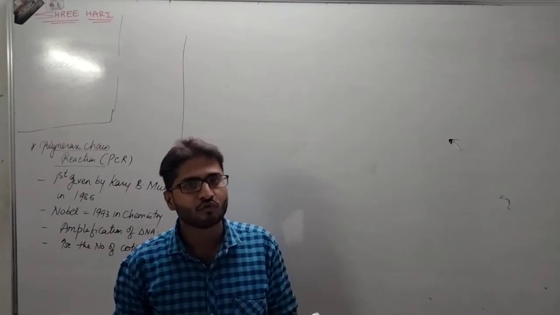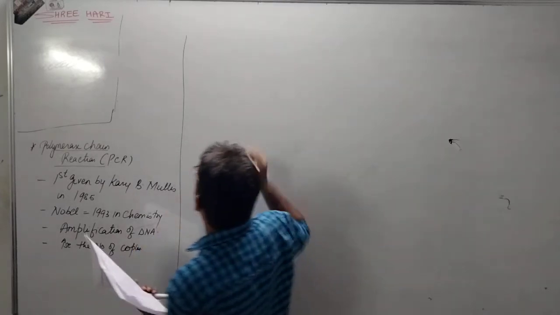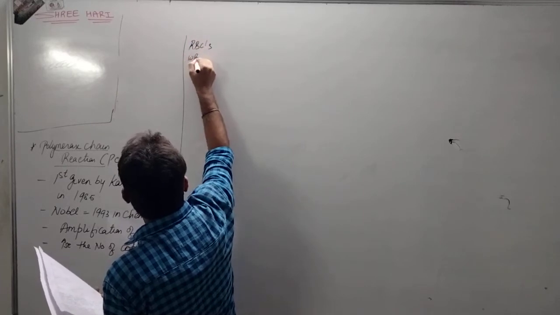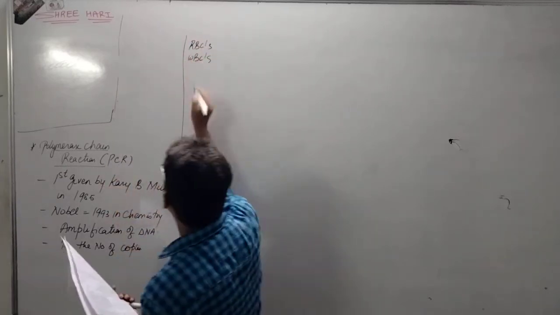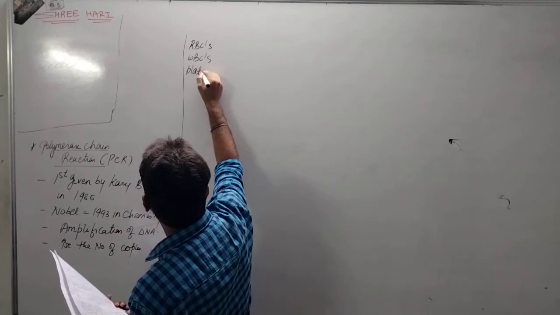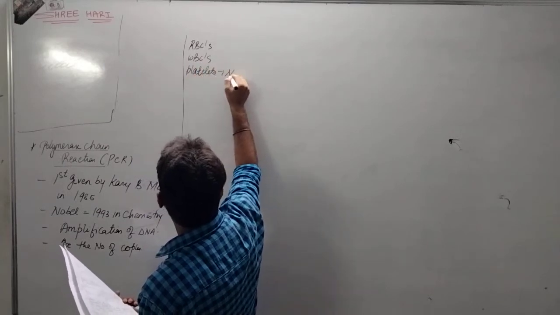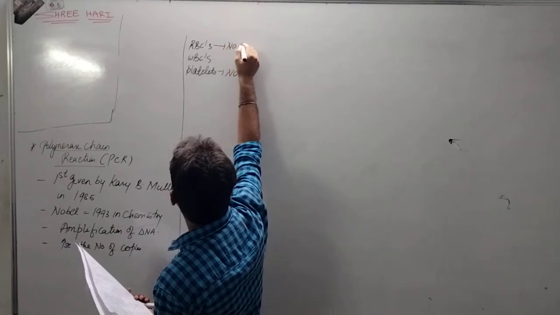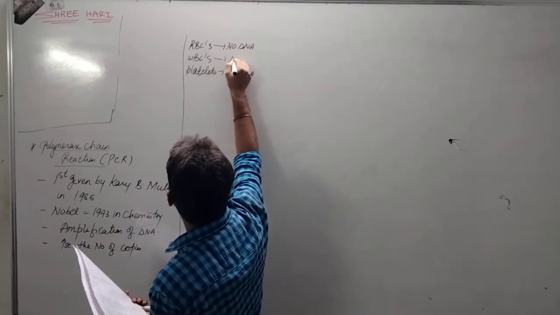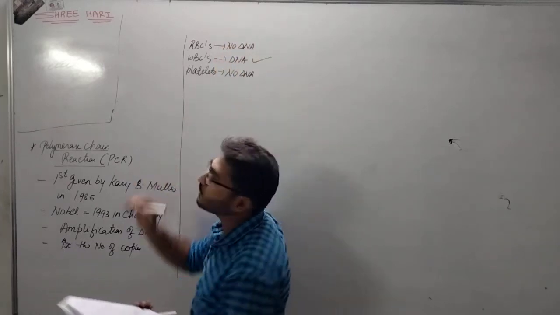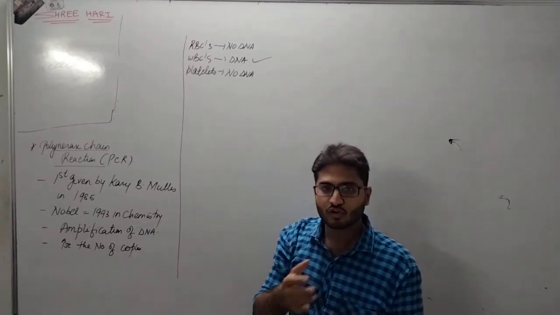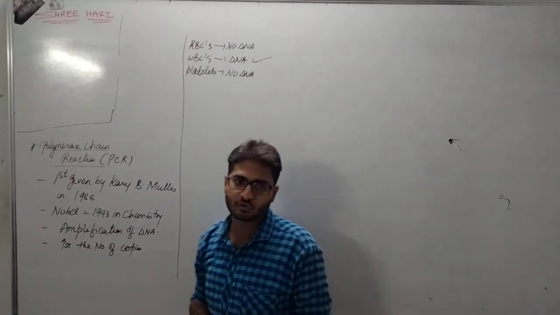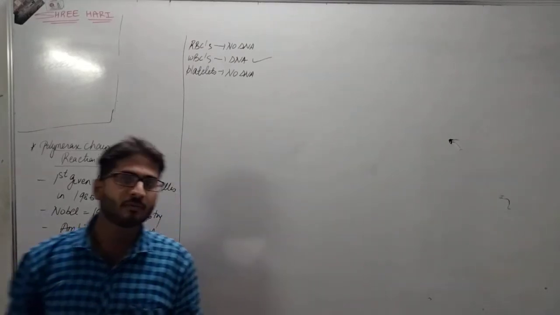From that blood drop we know that RBCs are present, WBCs are present and platelets are present. From platelets we will not get any DNA. From RBCs also we are not going to get any DNA. So the DNA that we are getting is only and only from WBCs, and we know the normal value of the WBC is 6,000 to 10,000 or 11,000 per cubic mm of blood.